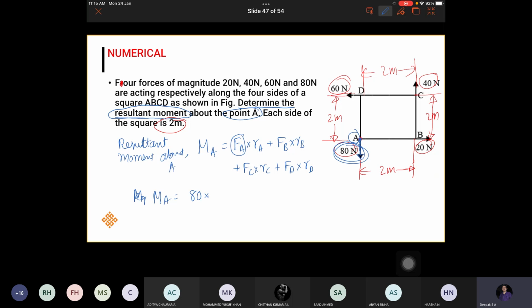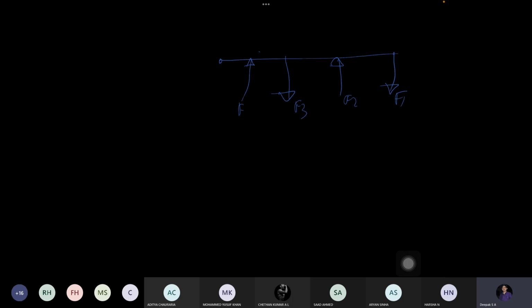Then if there are n number of forces, see, one force is something like this, one force something like this, like this there are 1,000 forces. This is F1, this is F2, this is F3, this is F4.